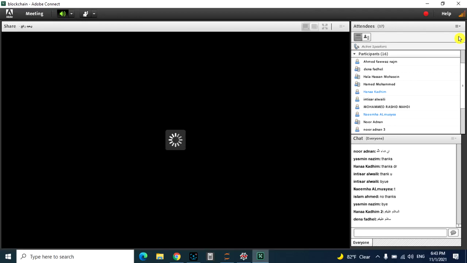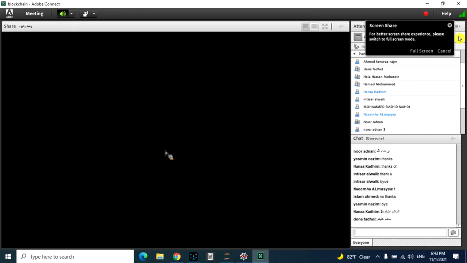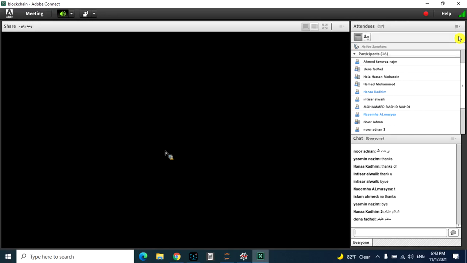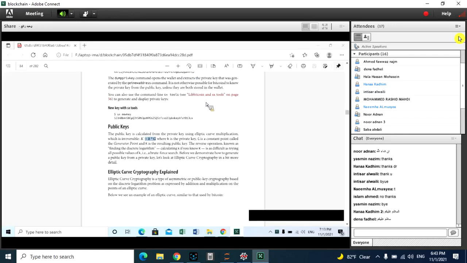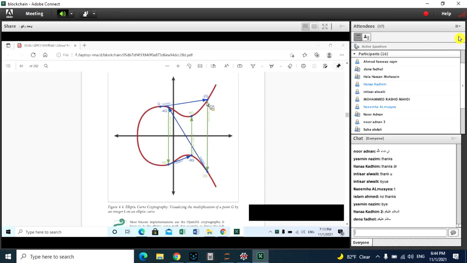How? See here. This is G, drawing down to cut the curve like this. Then the reflection on the x-axis.